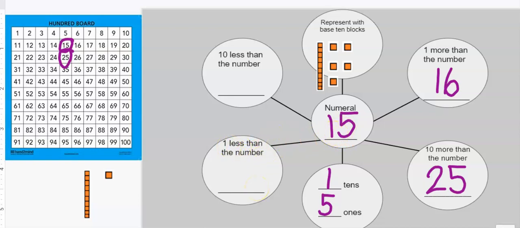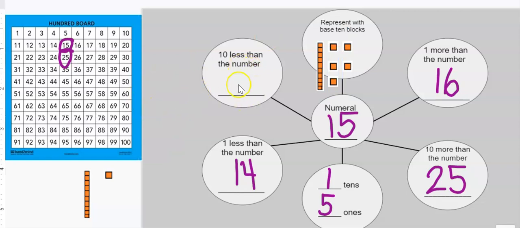So if we go backwards and we're at 15, what comes right before 15? One less? That is correct. That is 14. I could also think about my base 10 block. So if I'm one less, if I take that one away, that's right. I have 1 10 and 4 ones, which makes 14.